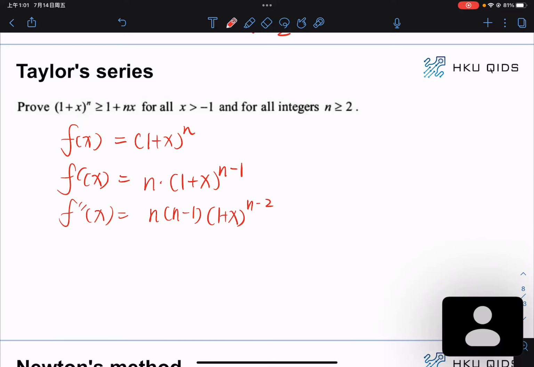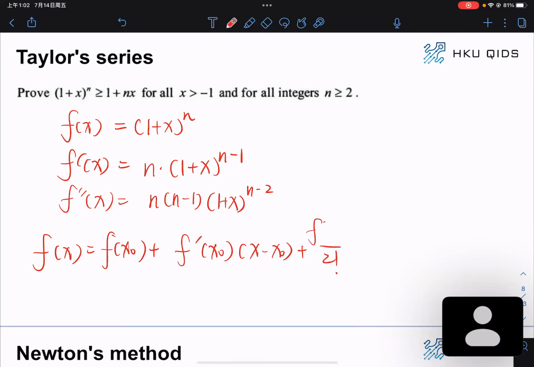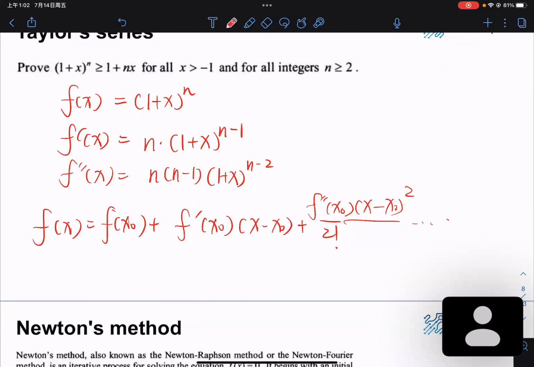Then applying Taylor's formula, f(x) is going to be f(x0) plus f'(x0)(x minus x0) plus f''(x0)/2 (x minus x0) squared, and all the way. So we take x0 as 0, right?